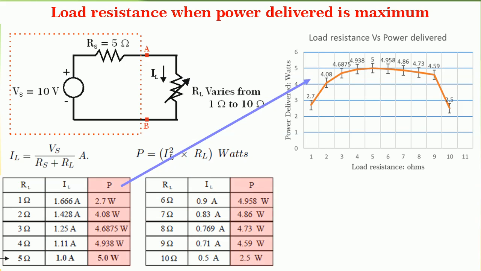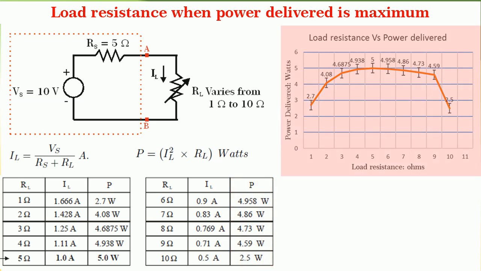By observing the power delivered, you see that it goes on increasing from 1 ohm to 5 ohm, and after 5 ohm, even if you increase the load resistance, you find that the power delivered decreases. The graphical relation of RL versus P is shown aside.